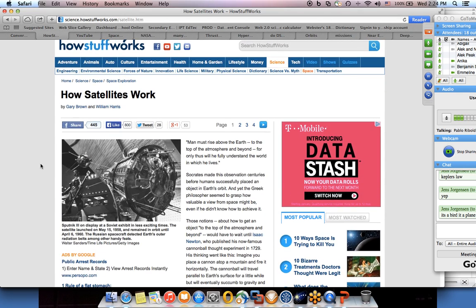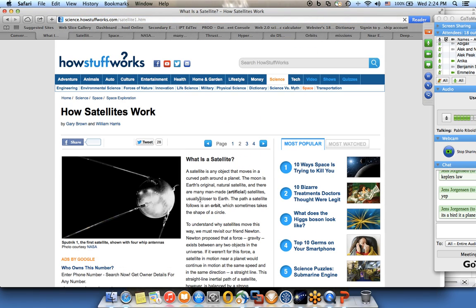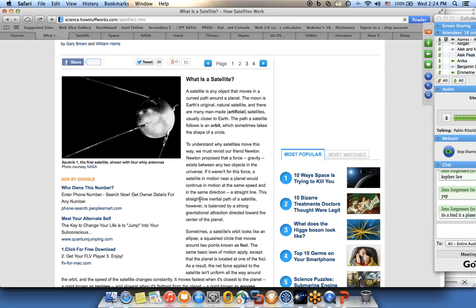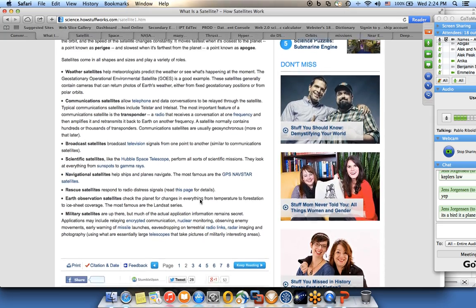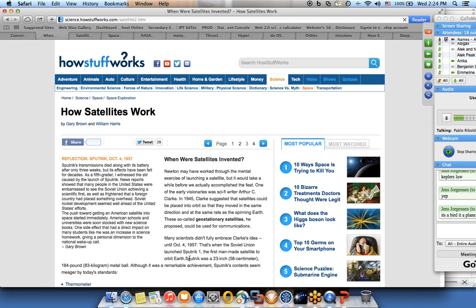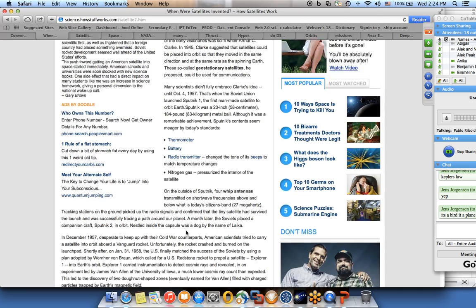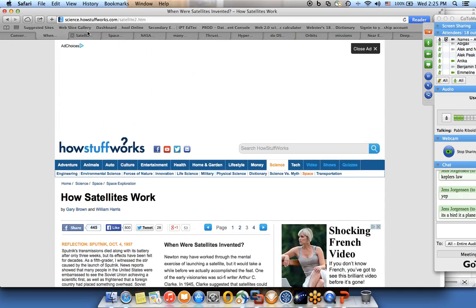And this article, there are several pages on the article, but it's very, very interesting in describing what is a satellite, the different types of satellites that we have, how do they stay in orbit, what is the orbit that they need to reach, and so on. So very, very interesting and complete article on that.